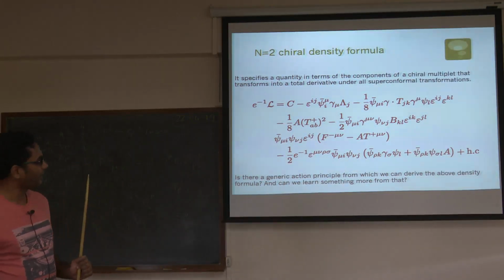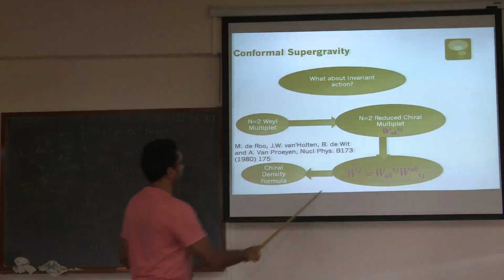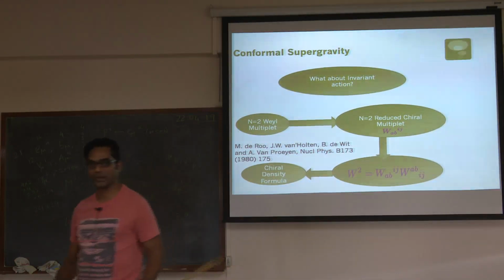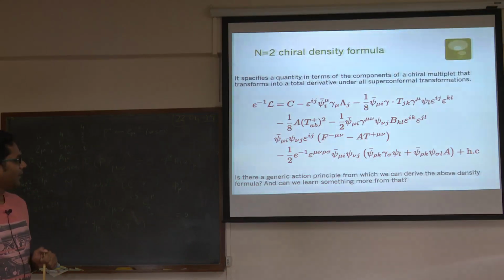Okay. So, to obtain the action for the Weyl multiplet, what you actually need is this chiral multiplet that you have constructed from the Weyl multiplet, whose lowest component had Weyl weight 2 and highest component had Weyl weight 4. Okay.